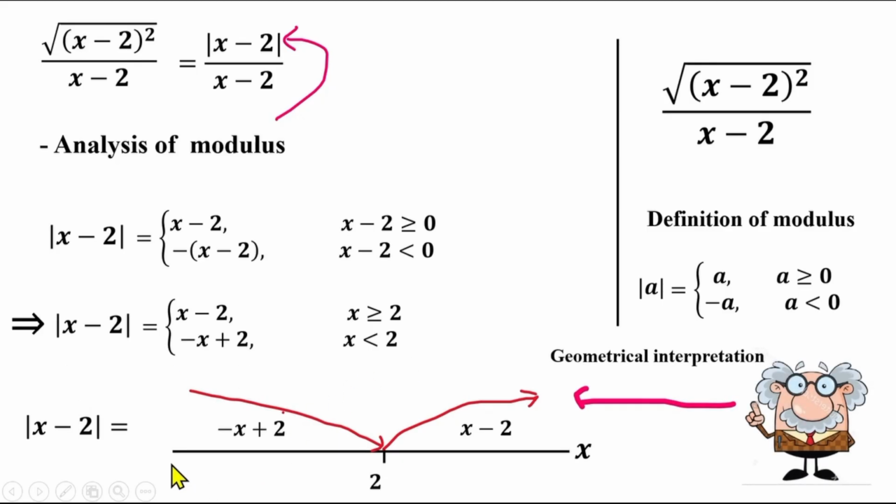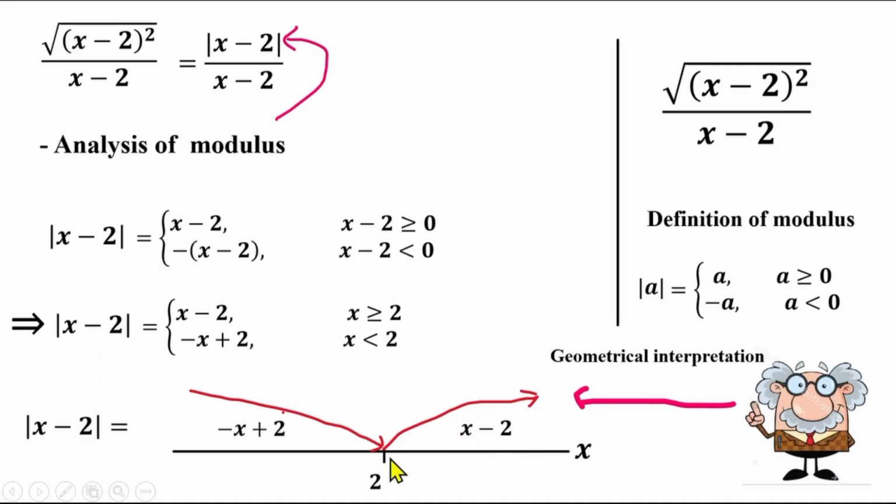So what do we see? We see that the number line is divided by the point x equal to 2 into two parts. On the right, we have an interval which includes x equal to 2, and in this interval, modulus equals x minus 2.